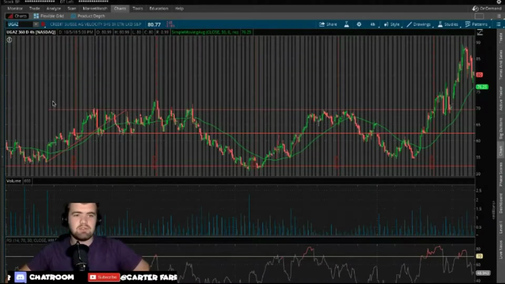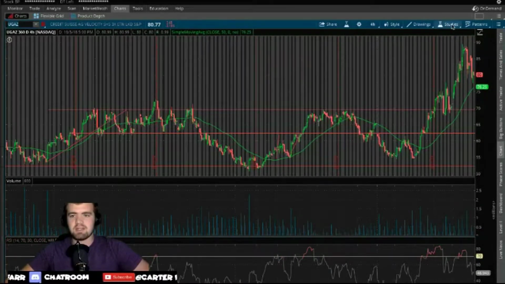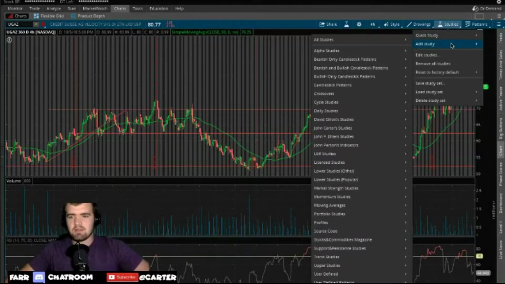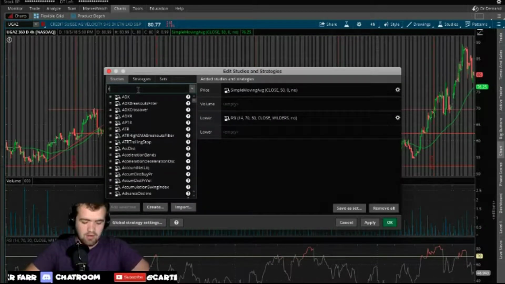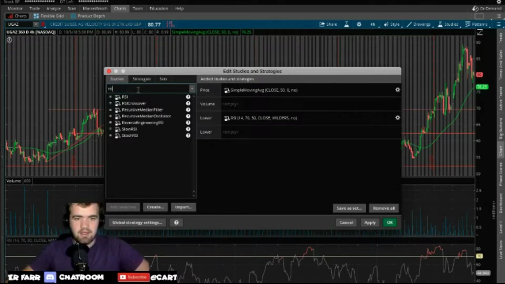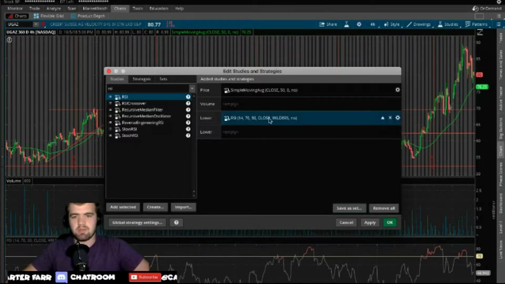So we have UGAS up here, and this is how to get this RSI line on the bottom. It's very, very simple. You can go up to studies, and then you can either click add study or edit. We're going to click on edit, and then type in RSI, and double click that, and then it pops up here. We're going to delete this one here though, so you don't get two.